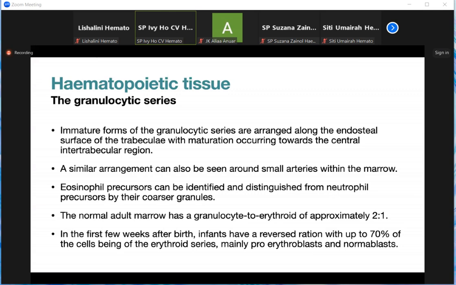In the first few weeks of a newborn, this granulocytic to erythroid ratio of 2:1 is reversed, with up to 70% of cells being of the erythroid series, mainly the pronormoblasts and normoblasts. So you've got to adjust your mind a bit when you look at the marrow from young babies.